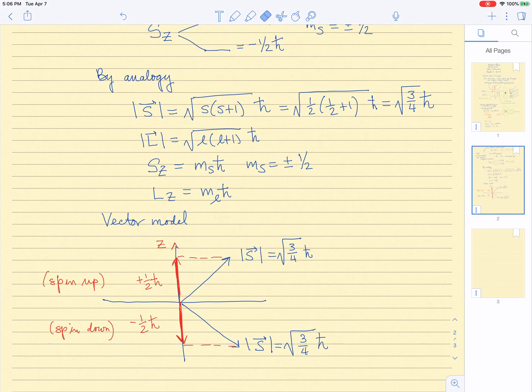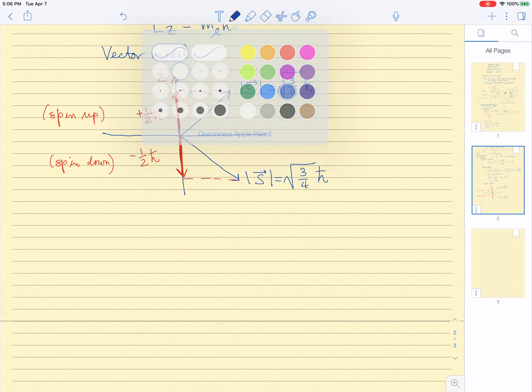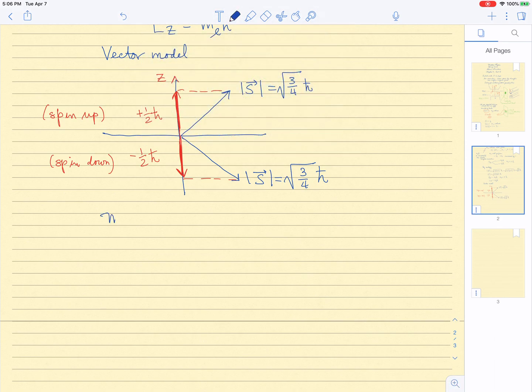All right, so anyway, where we are, just to wrap this up, is the magnetic moment has two contributions.